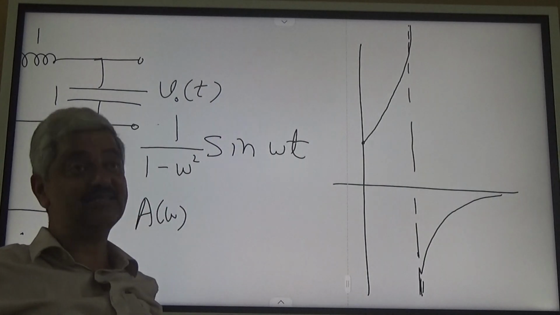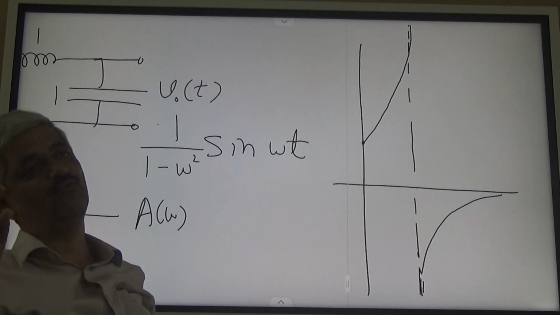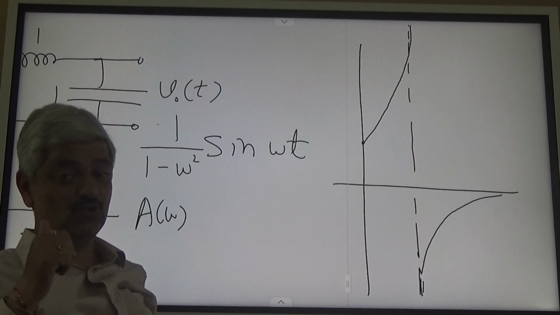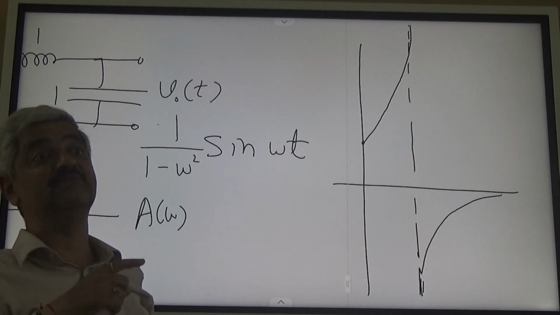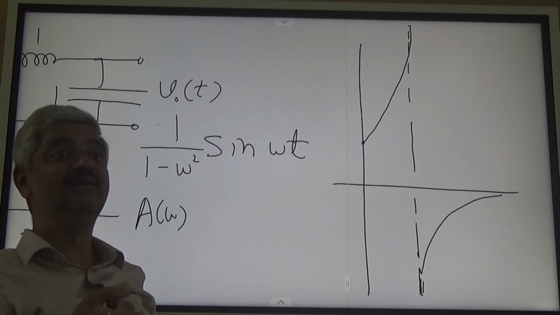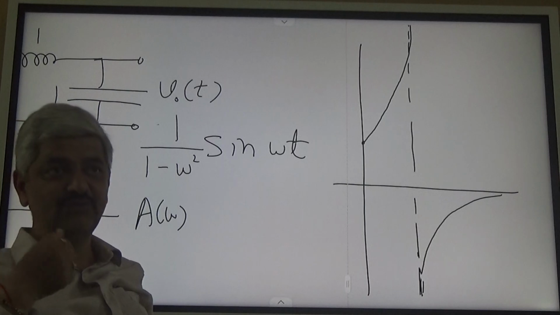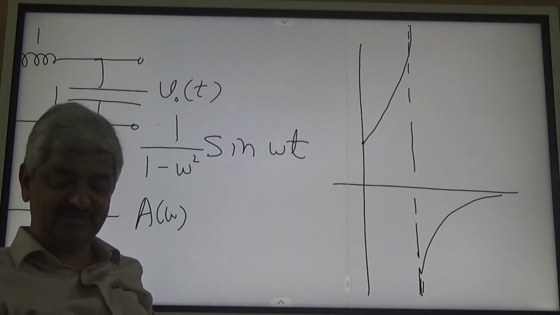So this is called an unstable system. The input amplitude magnitude is 1, and the output magnitude becomes infinite. So for bounded input, if output becomes unbounded, this is called an unstable system.